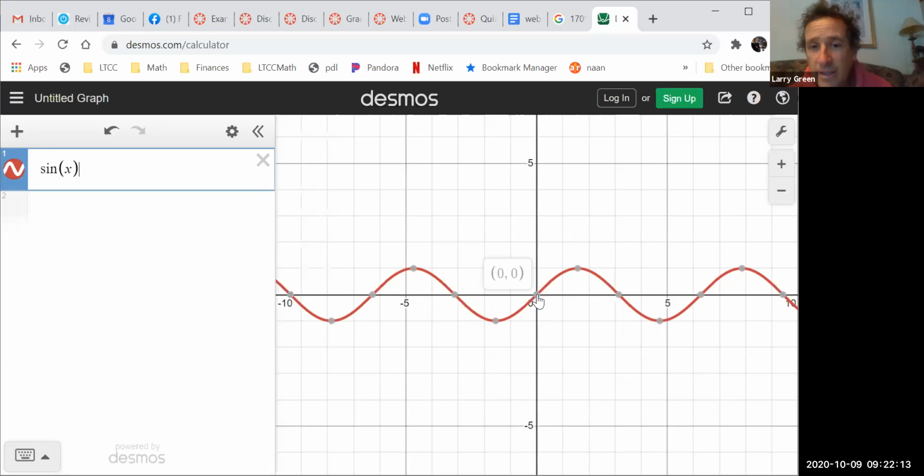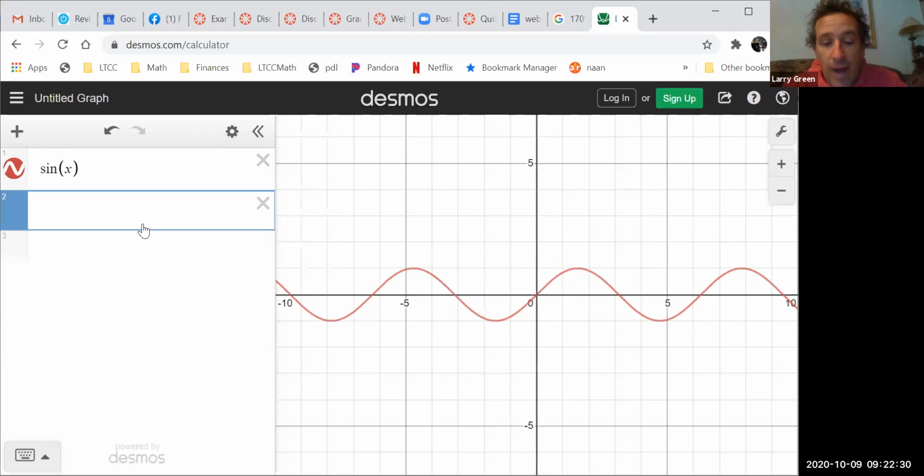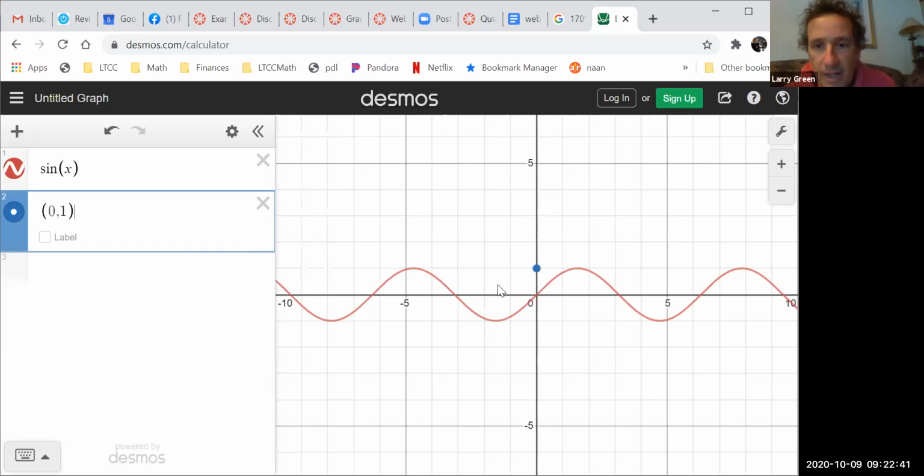What does that slope look like? Yeah, 1. It should look a lot like y equals x and has slope 1. So that means that if I'm going to be graphing the derivative, it should go through 0, 1. So let's plot that point.